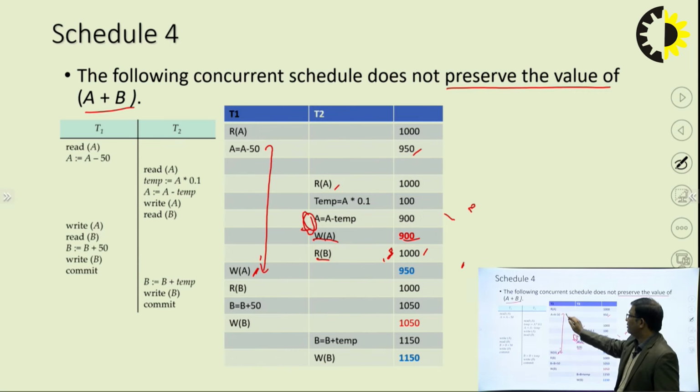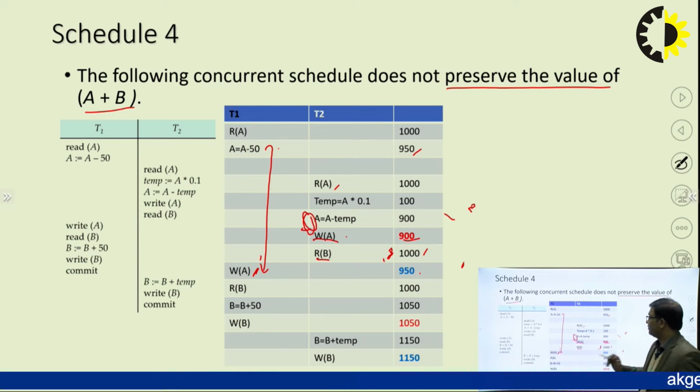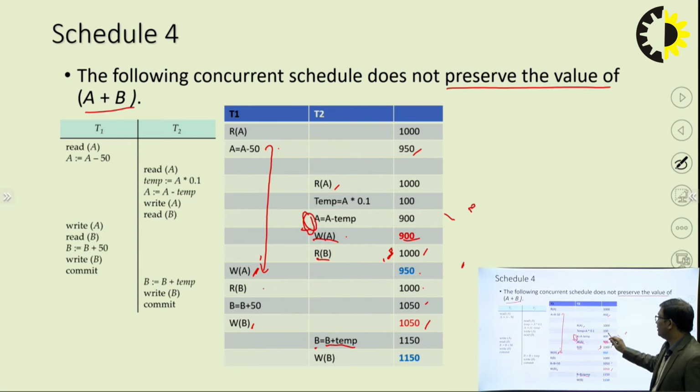So here the final value of T1 is 950. So it writes the value of A as 950 while the value of A has already been changed to 900. This is the problem. Read B, 1000. B plus 50 is 1050, write B 1050. And in this case, B equals B plus temp. And what is the value of temp? Temp is 100.